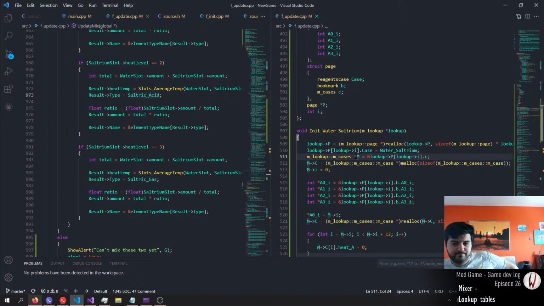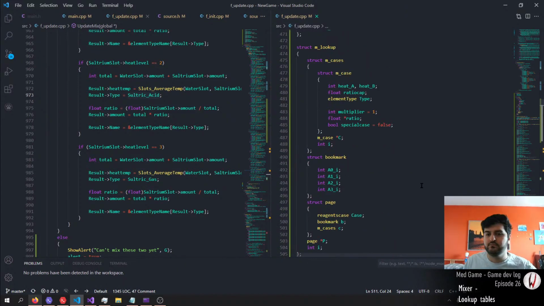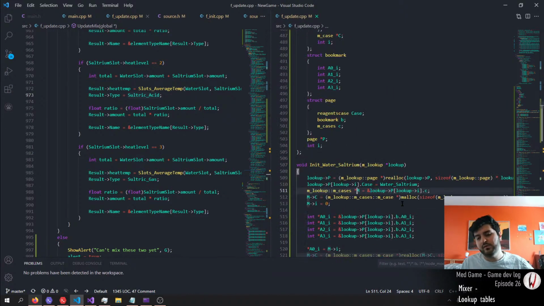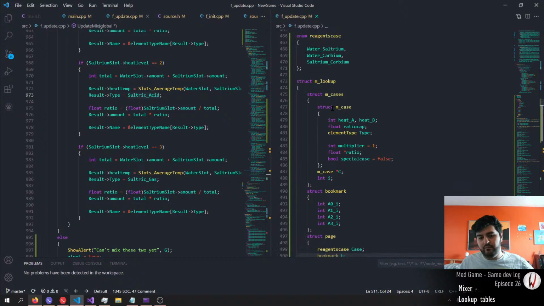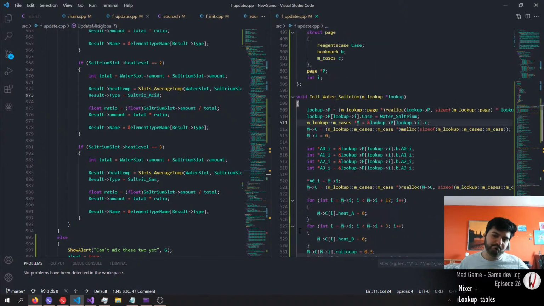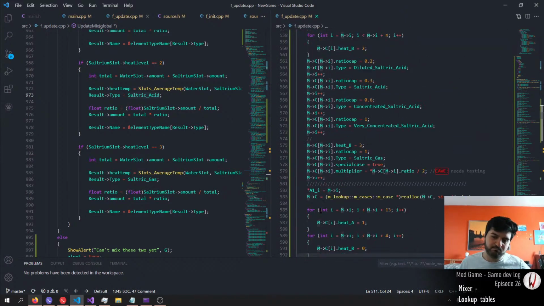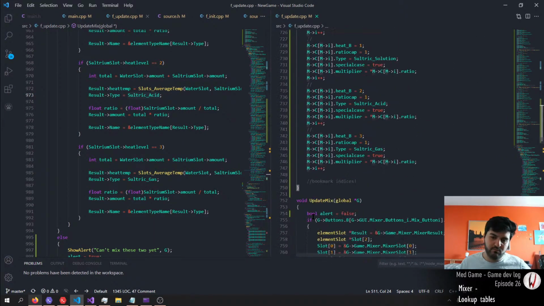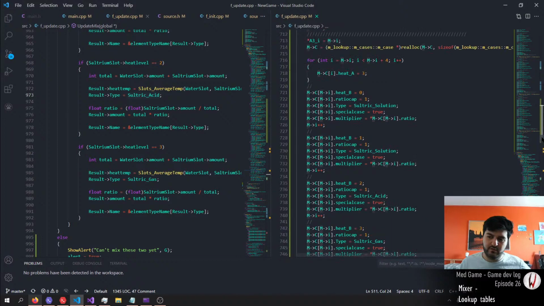There you go. That's how you initialize the thing.